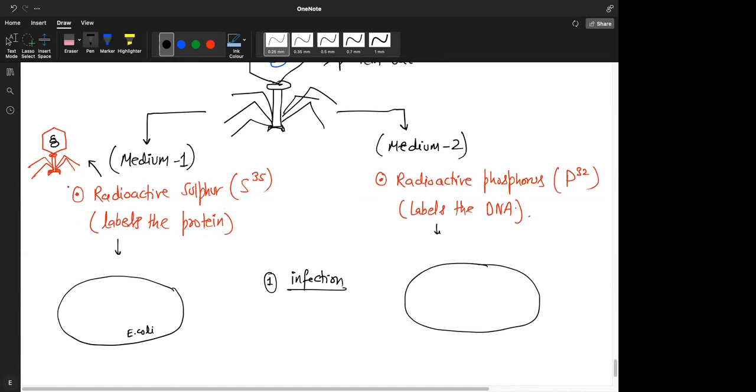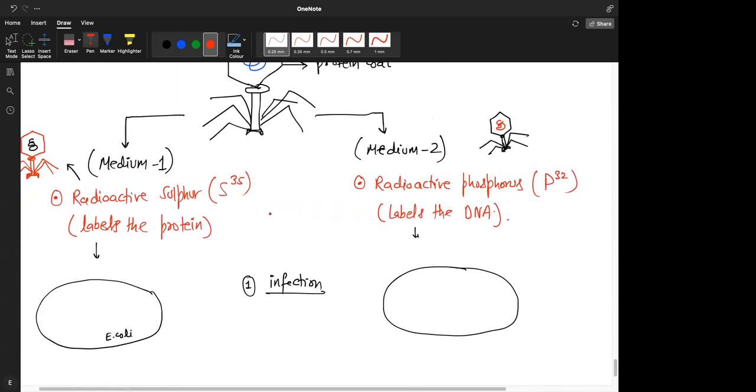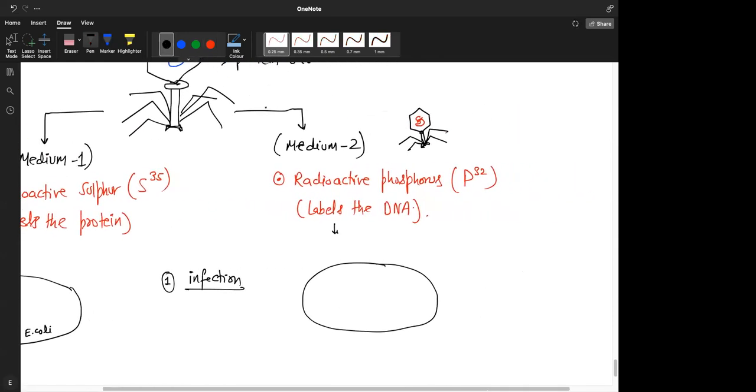And in this case, where the DNA is labeled, the protein coat will not be radioactive. It will be normal, with a radioactive DNA inside, correct?